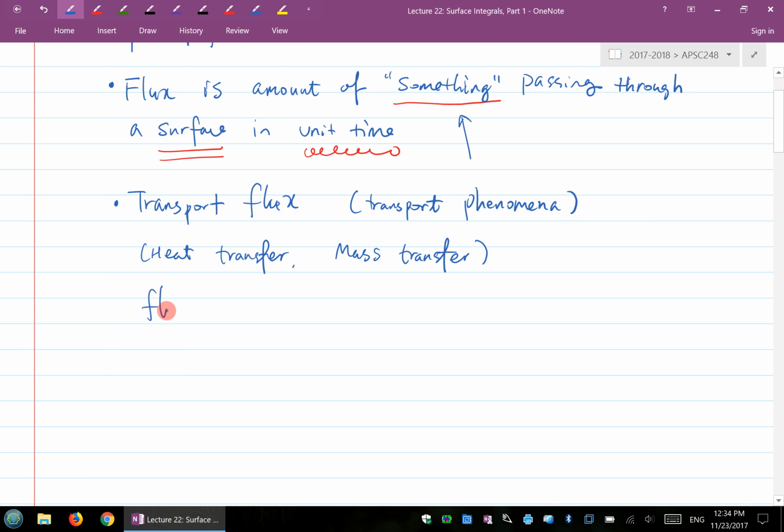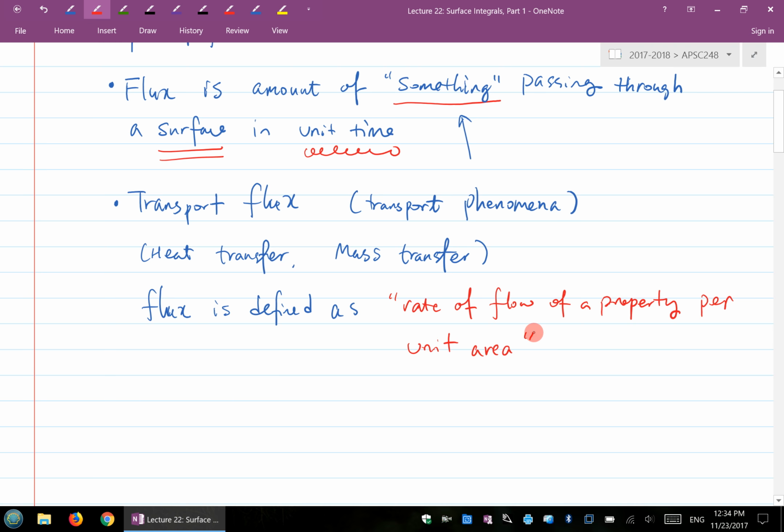So in this case, the flux is defined as the rate of flow of a property per unit area.